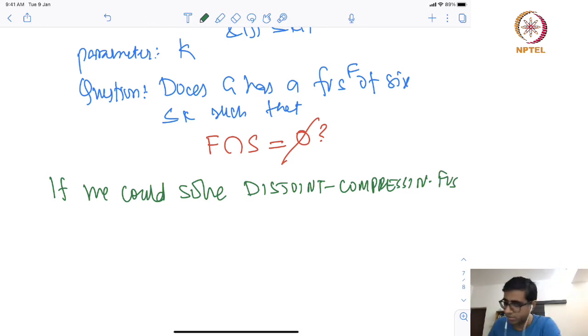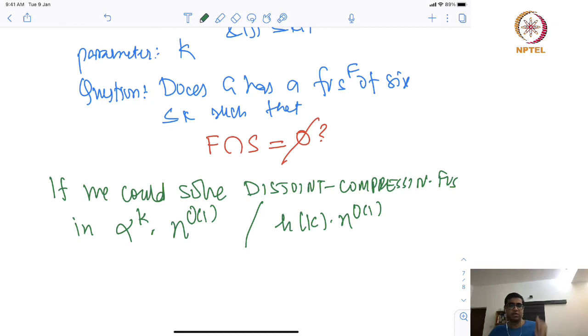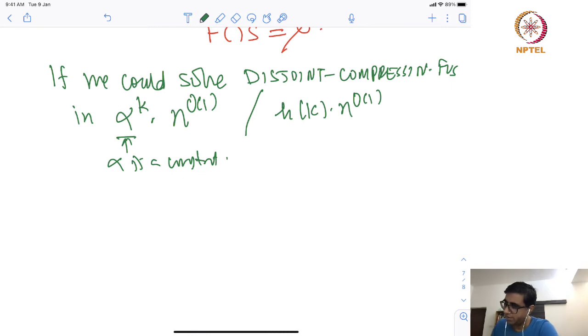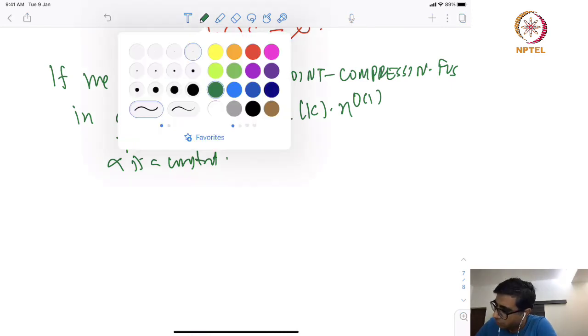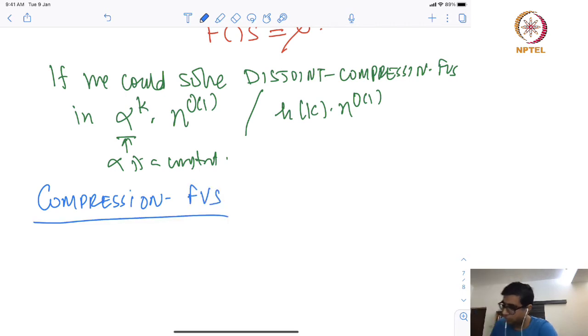If we could solve disjoint compression FVS in say alpha to the power k n to the power big O of 1, or say some h of k n to the power big O of 1, where alpha is a constant, what can we solve in our general problem? So, let us look at disjoint compression FVS. I will now tell you how to solve compression FVS. Okay, so what do we do?